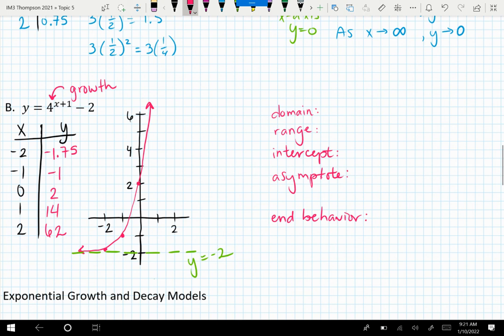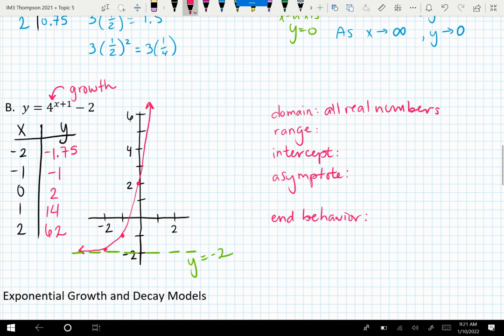All right, so the domain is going to be unchanged. As I look to the graph to the left, to the right, it still exists everywhere. This is going to be true of all exponential functions that we study in this class. When we look into the range, the graph goes up forever, but it does not go down forever, right?